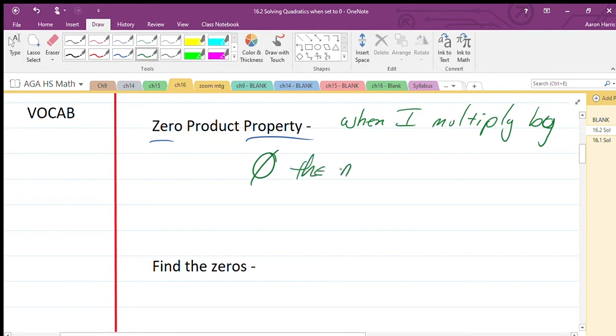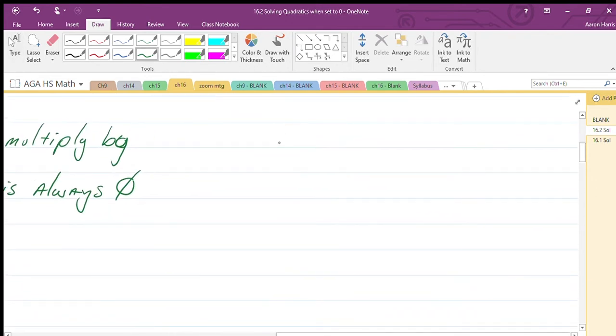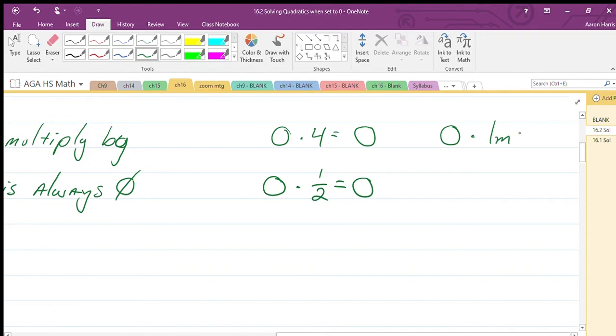The answer is always 0. So 0 times 4 is equal to what? 0. 0 times 1/2. 0. 0 times 1,000,000. 0. 0 divided by 1. 0.